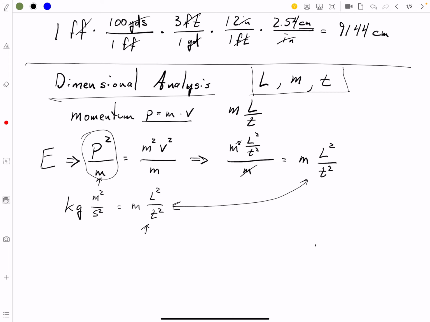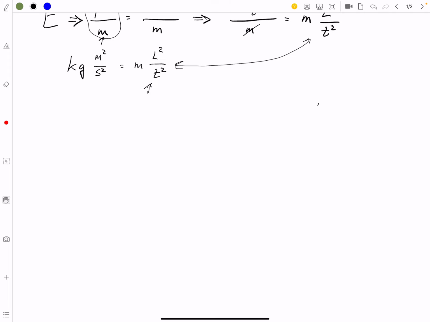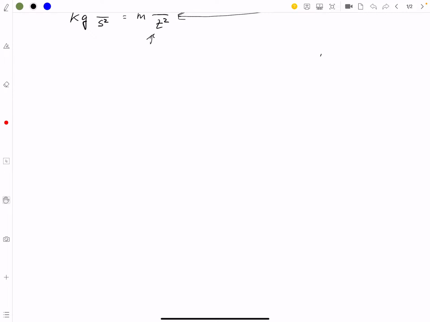If you've done your algebra wrong, you will not have those done correctly. So that is dimensional analysis. We can get more into that later as we're doing problems, and we'll do more examples in the future. We'll see dimensional analysis more. Okay, so now we're up to significant figures.